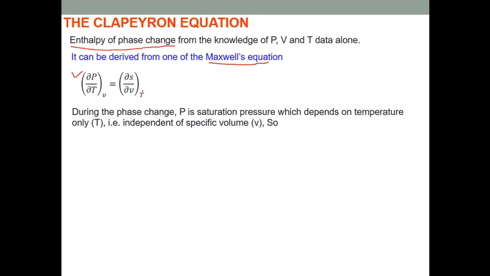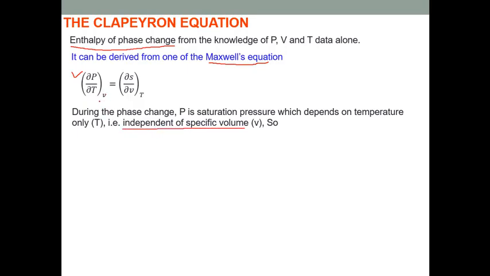Now the saturated temperature depends on the saturated pressure. Similarly, the saturated pressure depends on the saturated temperature only. So basically you might observe that for a complete phase change process, the pressure remains constant and they are dependent on each other. However, they are independent of the specific volume.